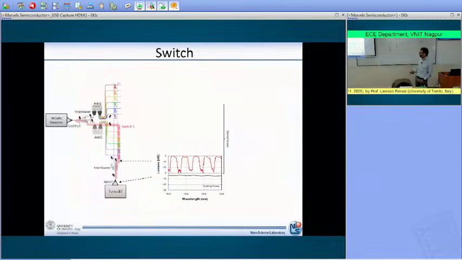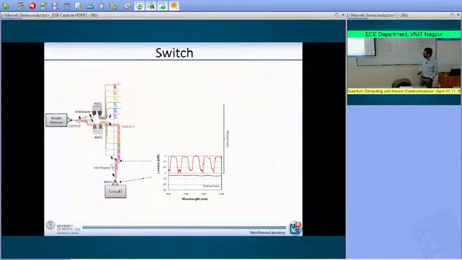Then you can move on, and what you measure is the transmission from the interleaver. You see that in the interleaver you are able to separate the odd from the even channels, and so on and so forth. So the interleaver is working as desired.